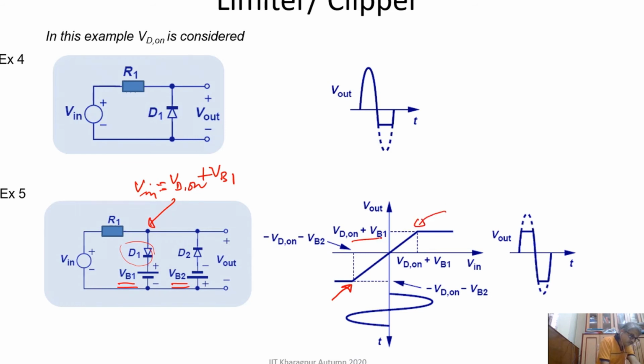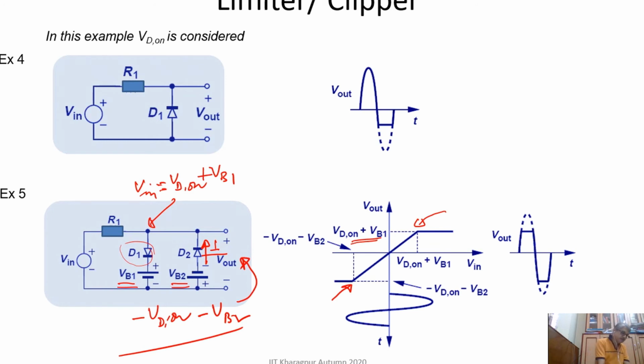So D1 is on at VD on plus VB1, whereas D2 will be on when this input voltage is minus VD on, current is flowing through this, and this is minus VB2. So this will be the output voltage if you measure at the output, okay.